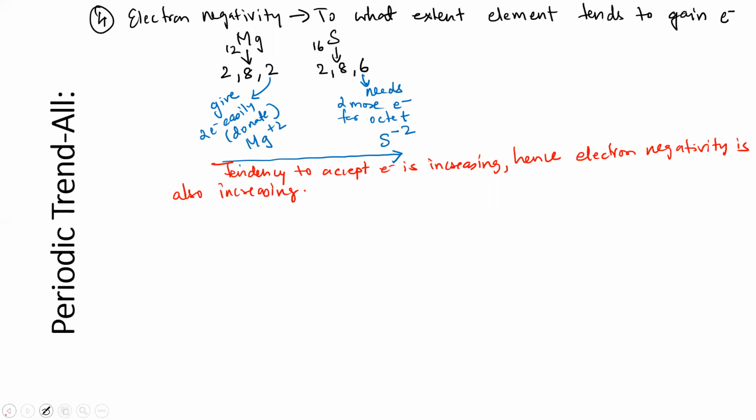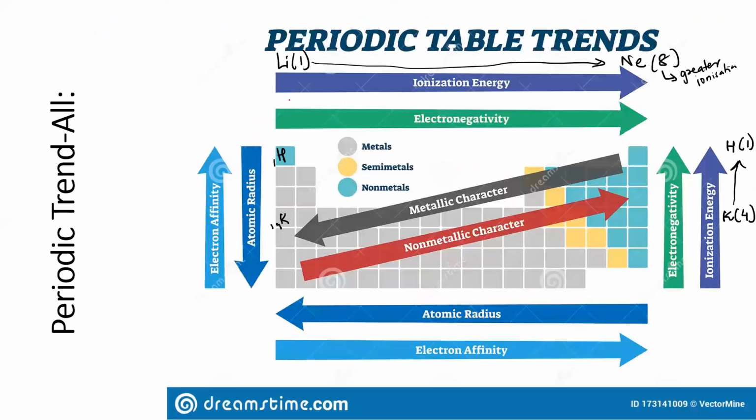It's like Mg plus 2 and sulfur minus 2. So the electron requirement increases this side.